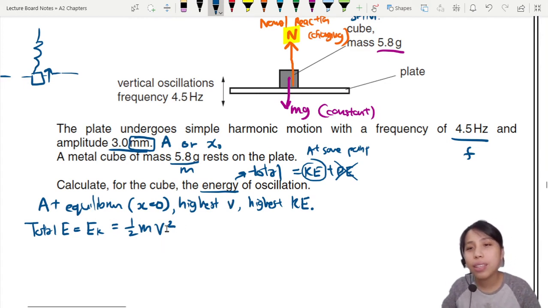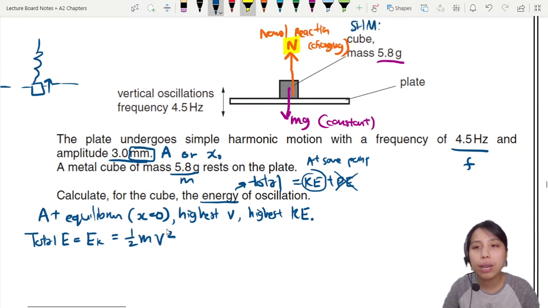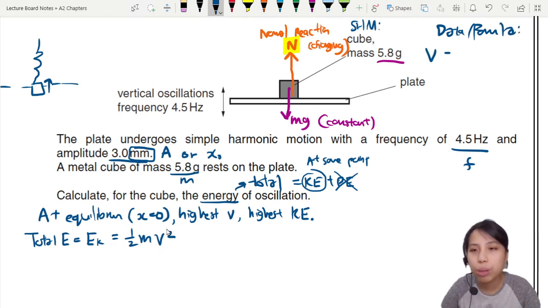Luckily, there is an equation given to us in the data formula sheet. I'm going to write that here. At the start of every exam paper, you should be able to see an equation that says something like this: v equals omega square root of x naught square minus x square.